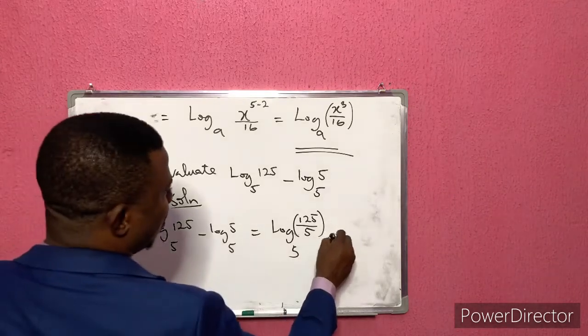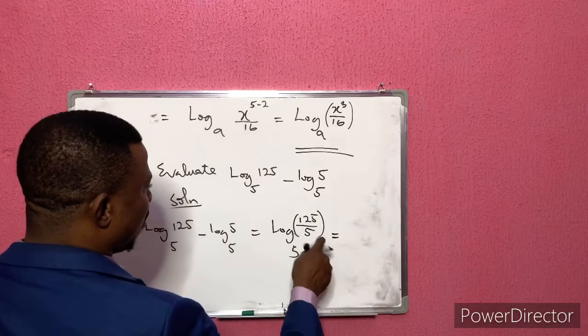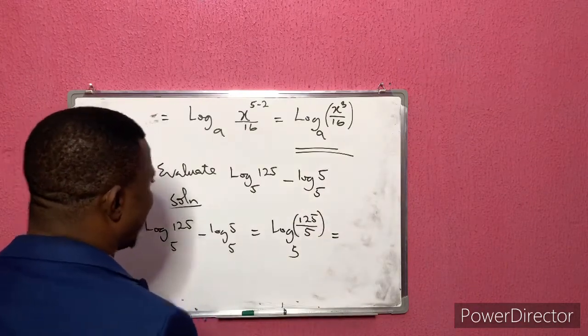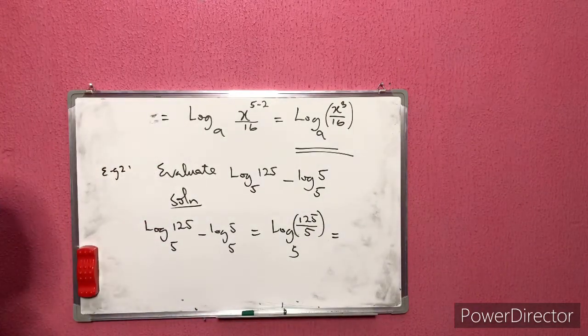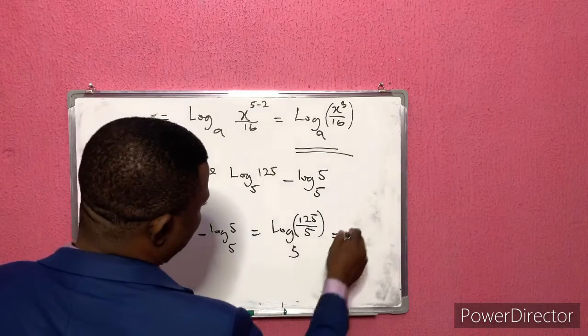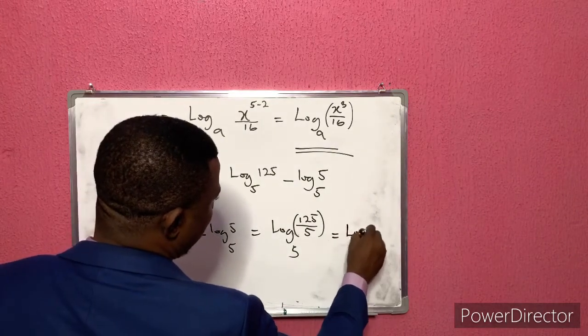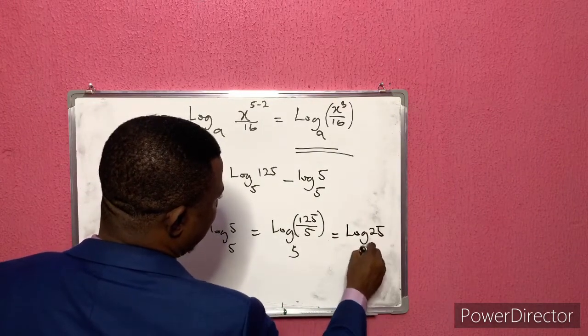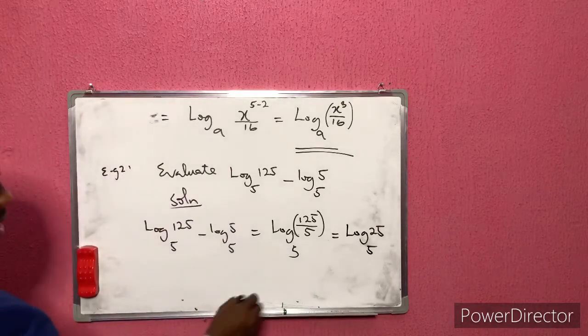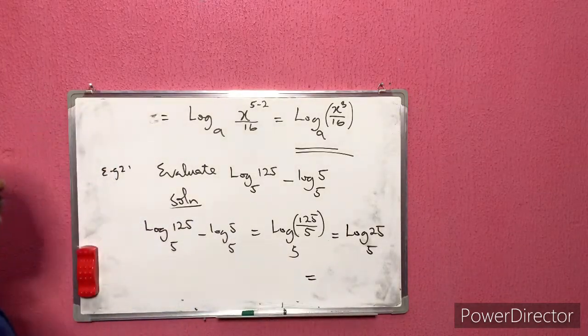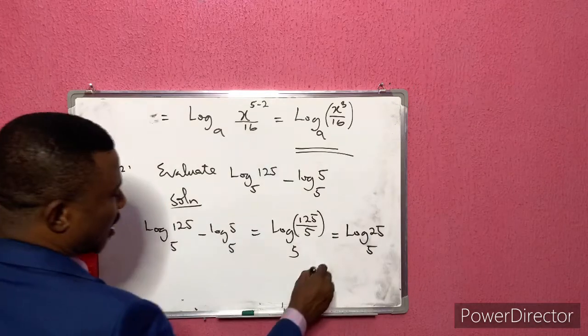And this will give you log 125 over 5, give us what? 5 into 125 will give you 25. So log 25 base 5.